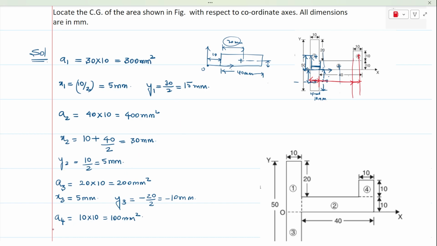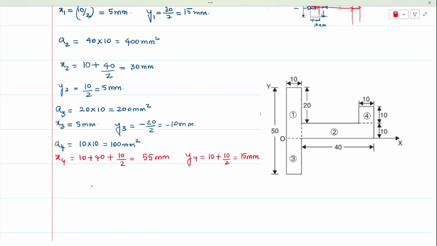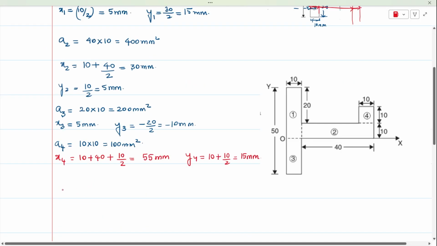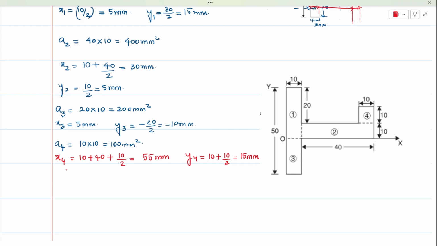So for area number 4, the x4 coordinate will be 10 plus 40 plus the midpoint of area 4 along the x direction, that would be 10 by 2. So this comes out to be 55 mm, and y4 will be equal to 10 plus 10 by 2, which is 15 mm.